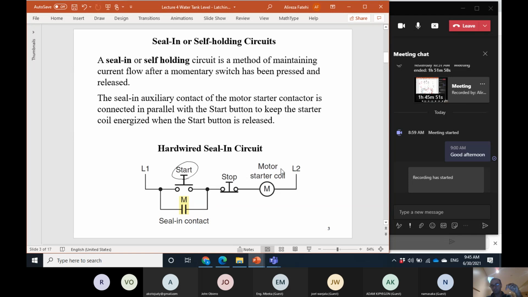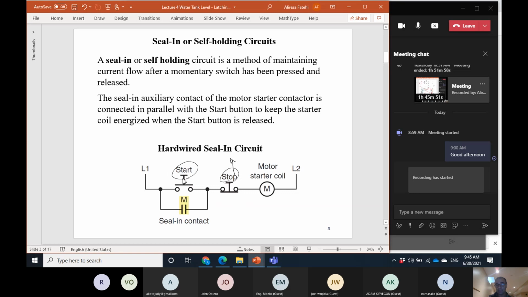Or when we push the stop, the motor stops and remains stopped even when we release this until the start. So there are two switches, one of them, momentary activation of which starts the motor, and activation of the other one stops the motor. This is the seal-in or self-holding or latching circuit.